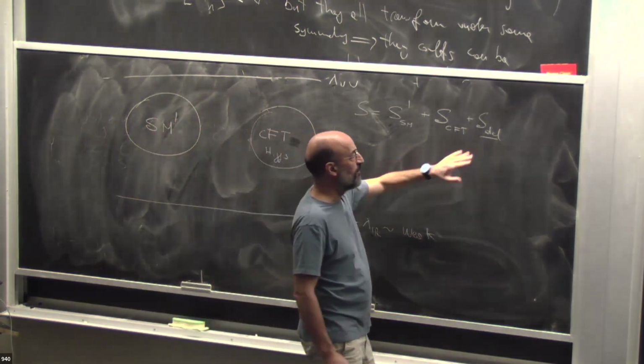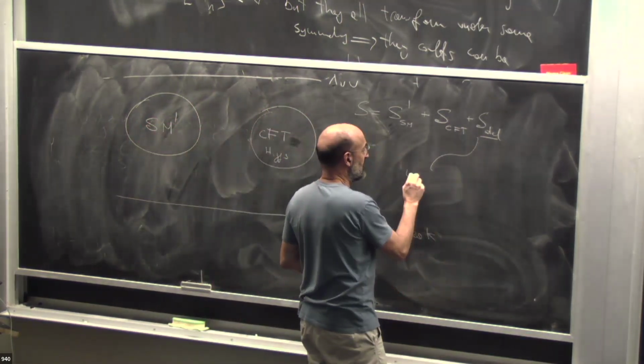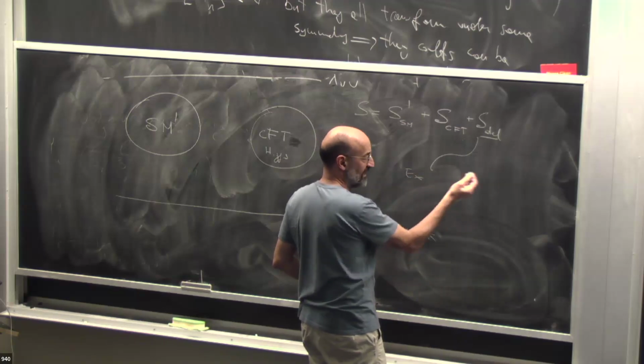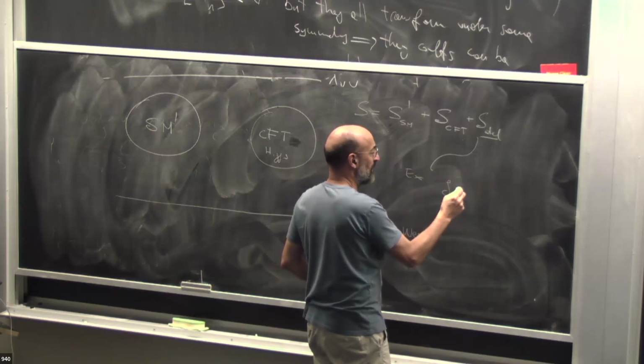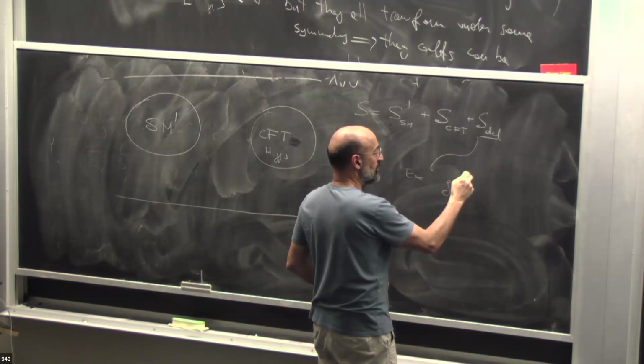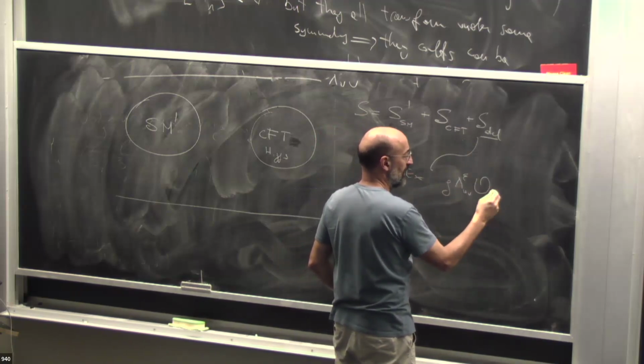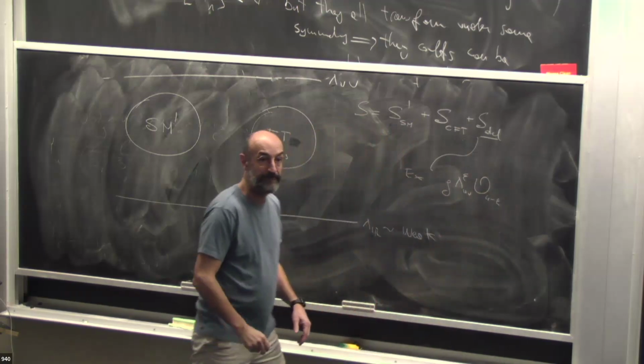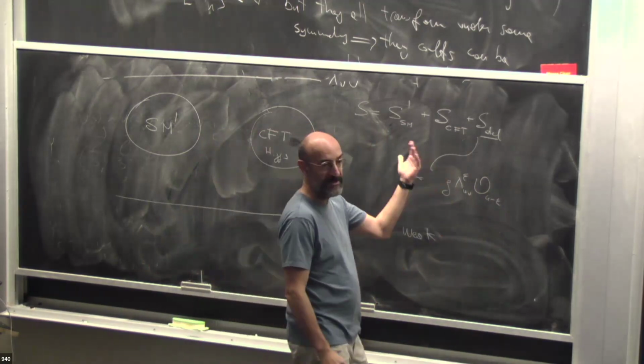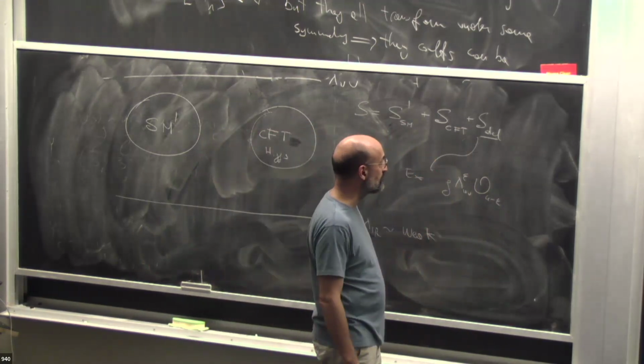The example of this is, as I did before, some coupling lambda UV, epsilon times a singlet scalar operator of dimension 4 minus epsilon. Okay? Where epsilon is something like 0.1, 0.2.